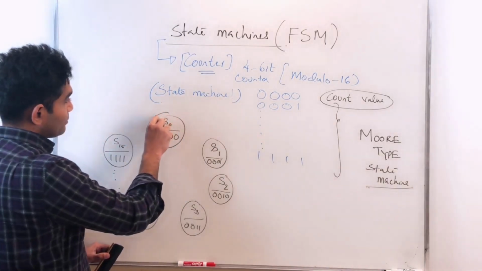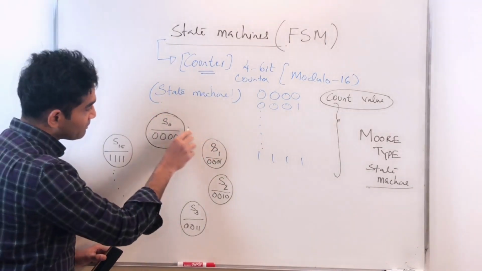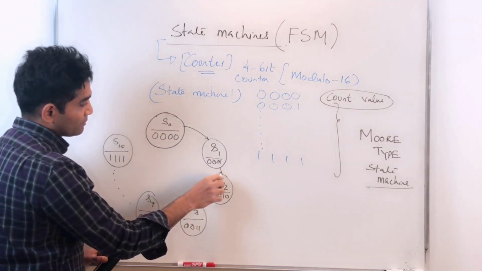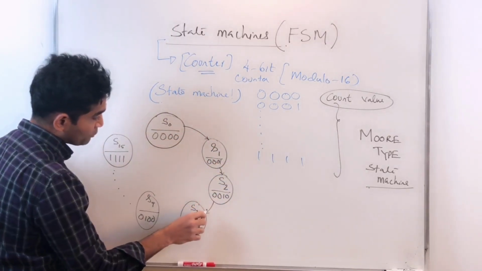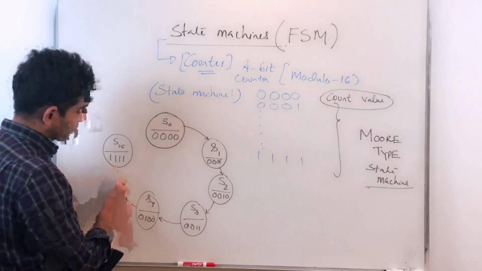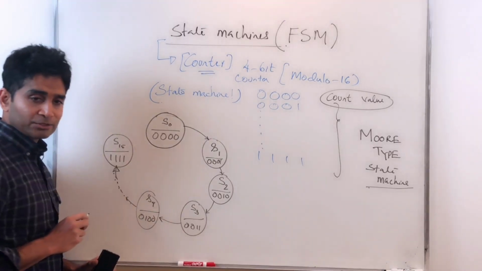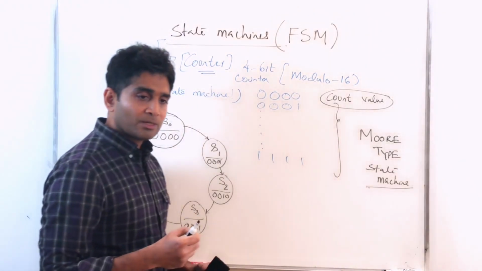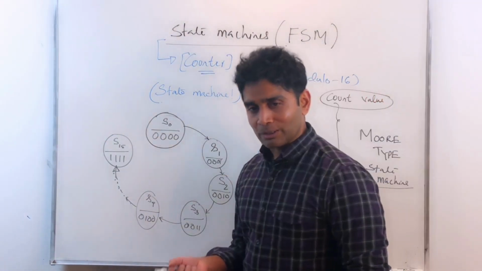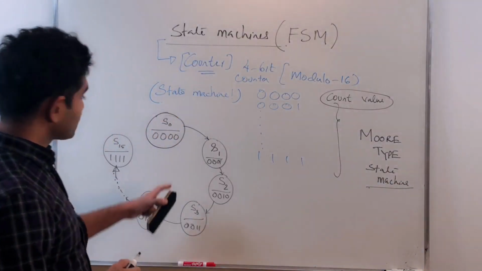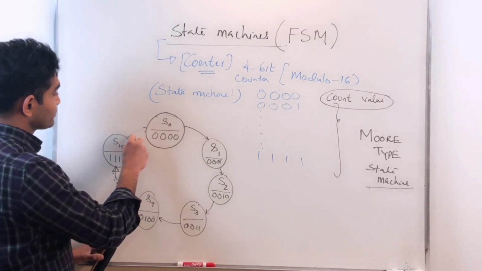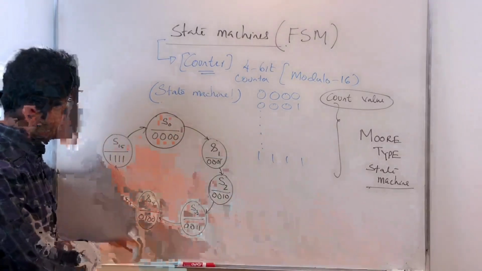And what would be the state transition? Basically, with each clock pulse, I'm going from one count to the next count. There are no explicit inputs here, and that's possible. I'm simply transitioning through these states in this sequential fashion with each new active edge of the clock. So this is what I have for the counter, and of course S15 goes to S0, and the counter basically cycles through these counts.